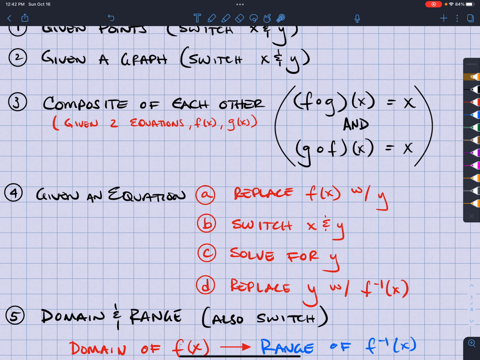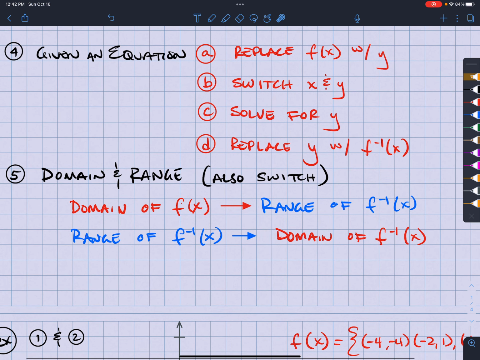If you're given an equation, what we want to do is replace the f of x with y, switch x and y, solve for y again, and then replace the y with the inverse function. And just to remind you, because we're switching x and y, isn't domain all the x's and range all the y values?